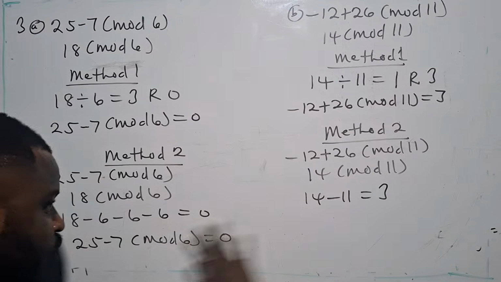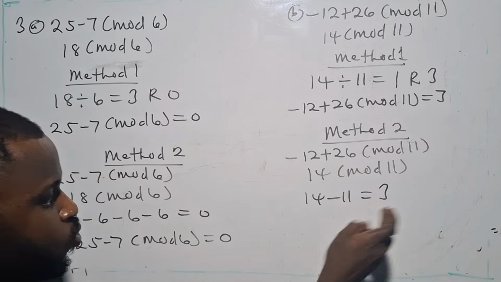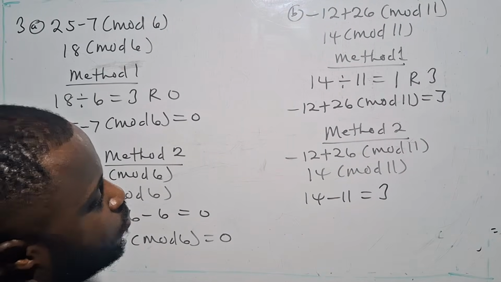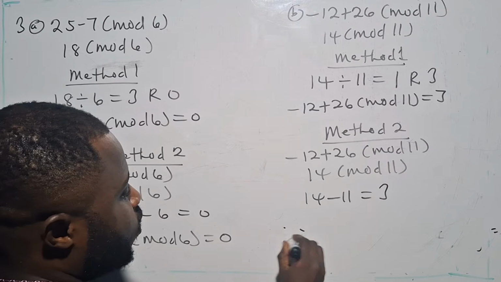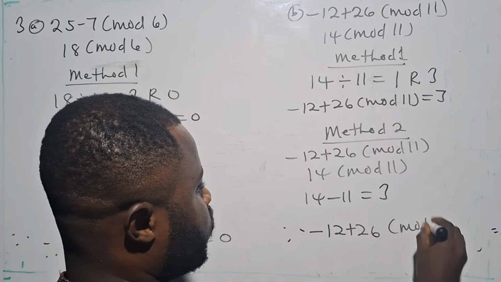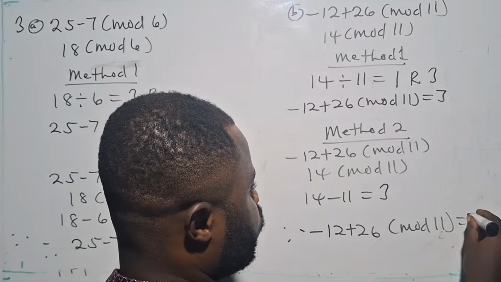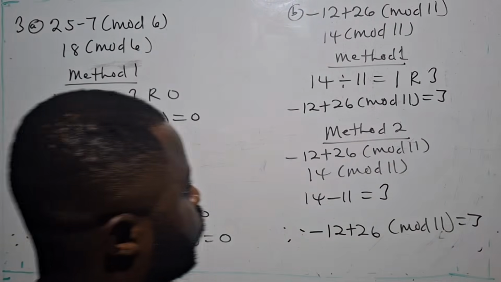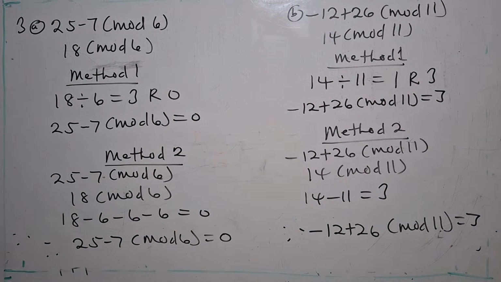The 3 is the answer since it's less than the mod 11. So therefore, negative 12 plus 26 mod 11 is also equal to 3. So you get the same thing for this side as well. You choose the easier method or the one you understand best to solve.